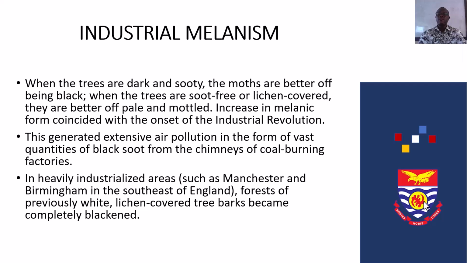The increase in melanic form coincided with the onset of the Industrial Revolution. This generated extensive air pollution in the form of vast quantities of black soot from the chimneys of coal burning factories. In heavily industrialized areas such as Manchester and Birmingham in the southeast of England, forests of the previously white lichen-covered tree barks became completely blackened.